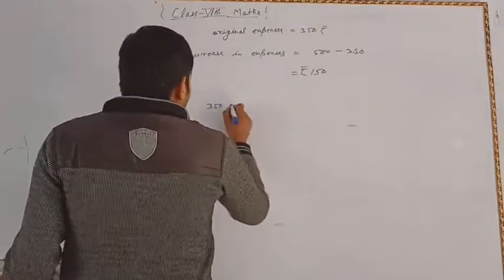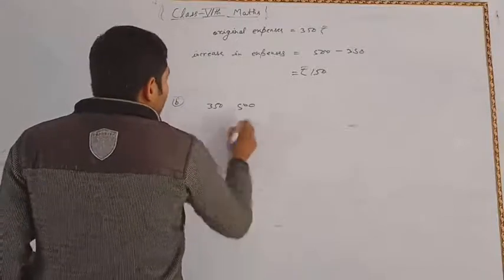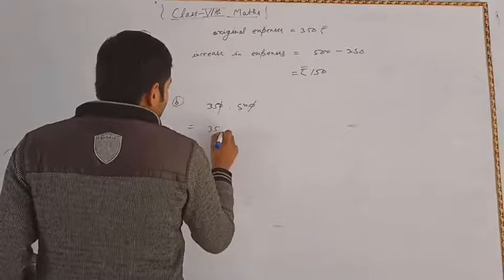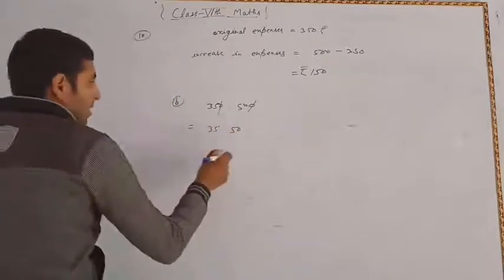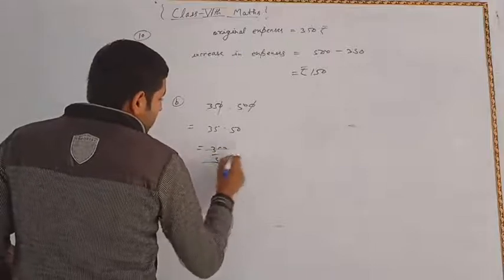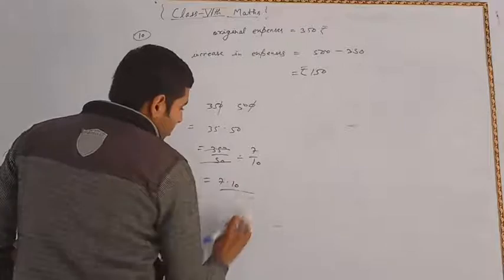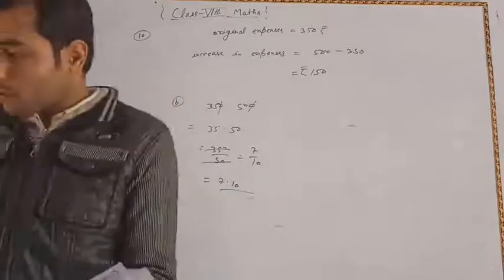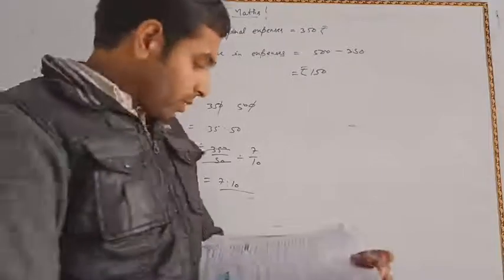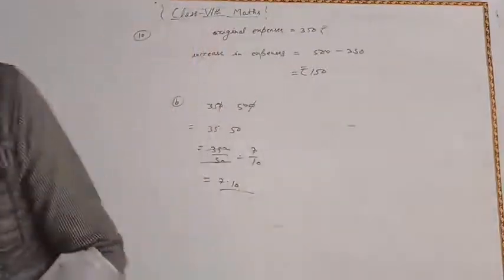Okay, so the ratio between 350 to 500, the zeros cancel. Now again we get 35 ratio 50. From here we get 35 upon 50. 5 7s are 35, 5 10s are 50. So 7 ratio 10. This is the ratio between original expenses to increased expenses.